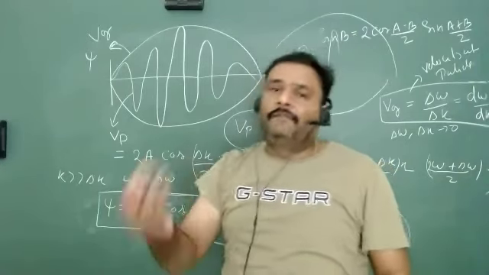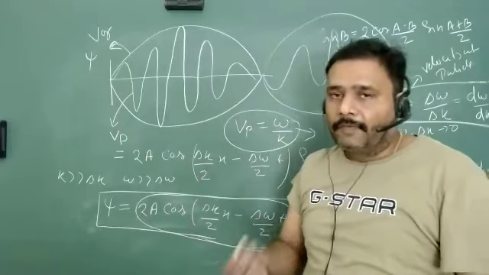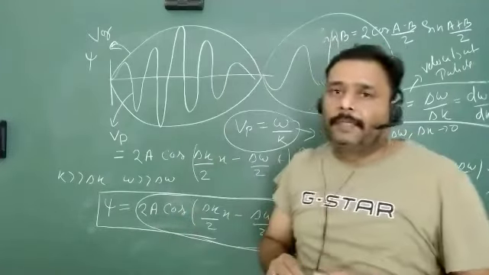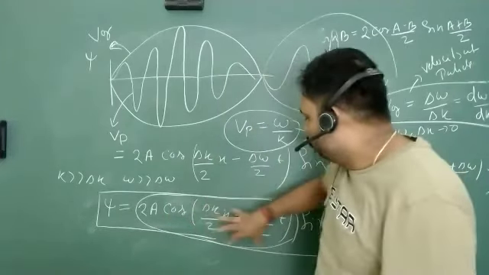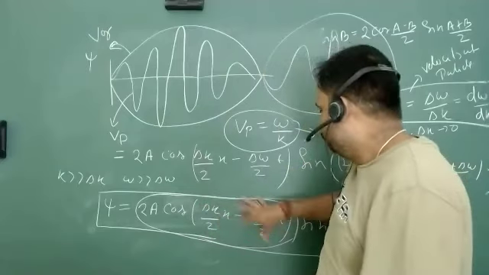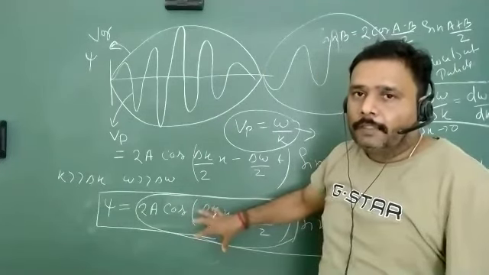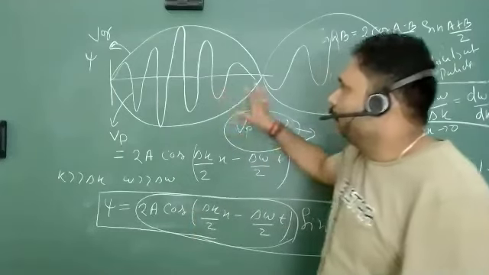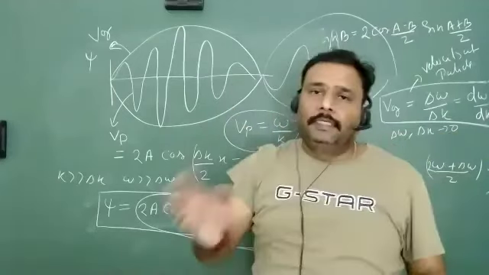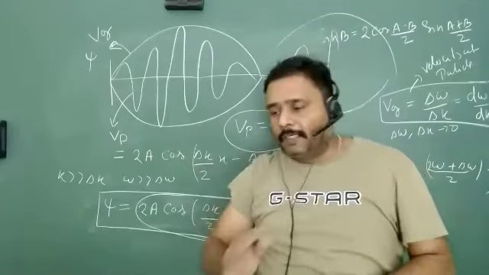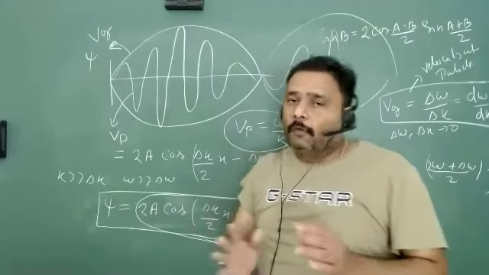And finally, in quantum mechanics, this amplitude term is the most important. From the group velocity and phase velocity, we can analyze what is going to happen.